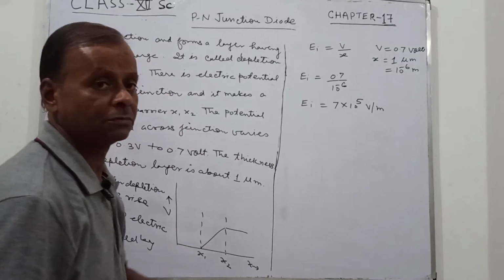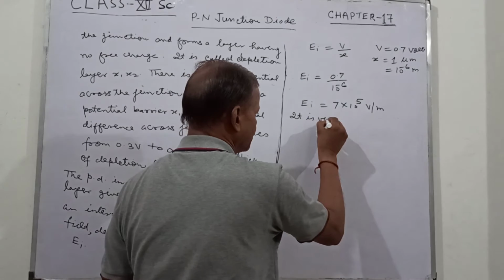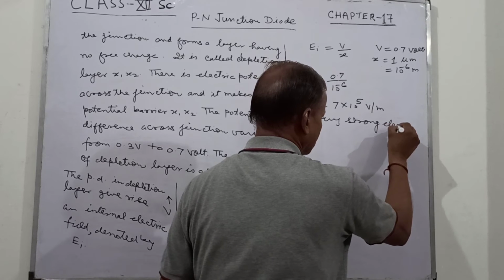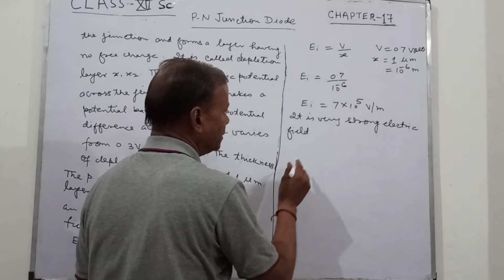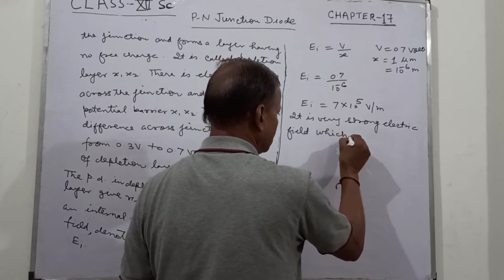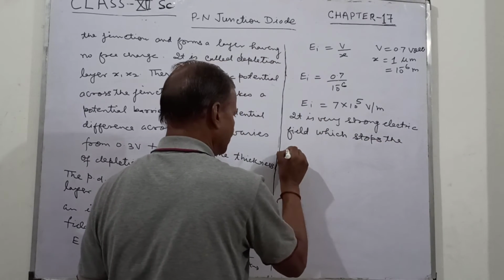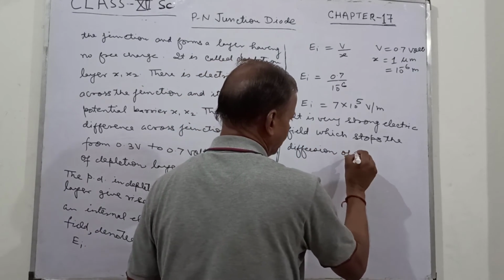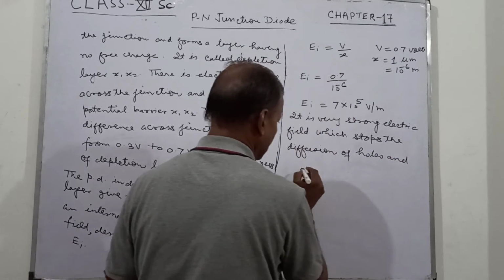This is a very strong electric field, which stops the diffusion of holes and electrons.